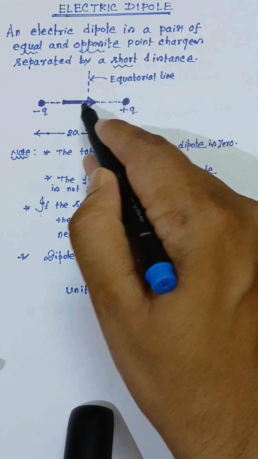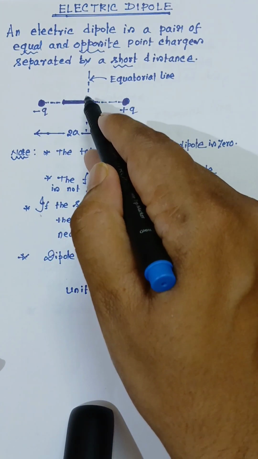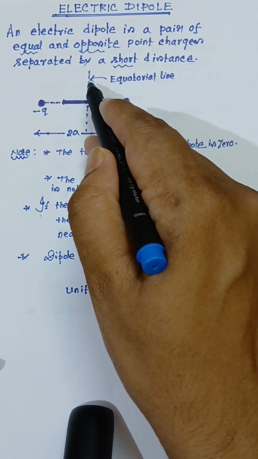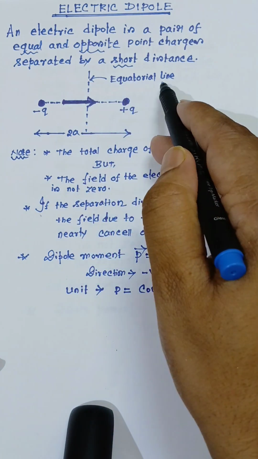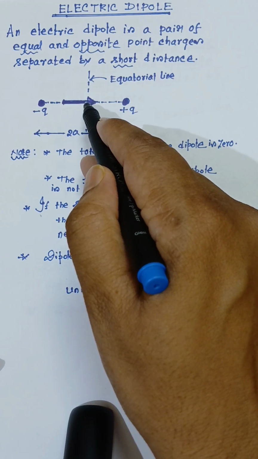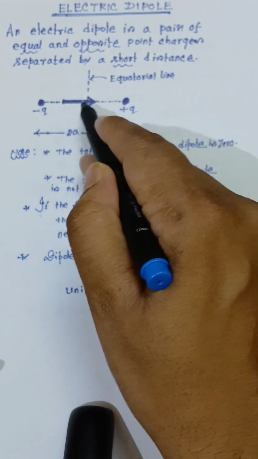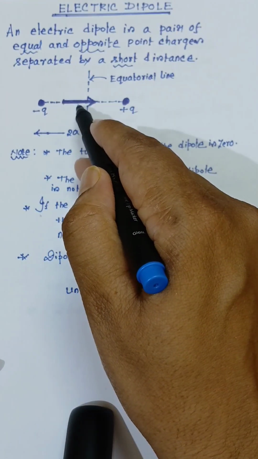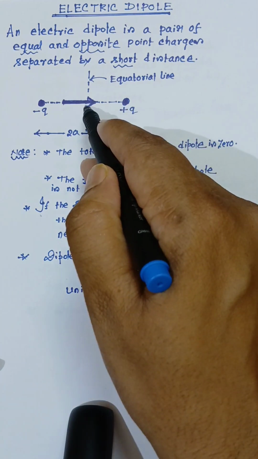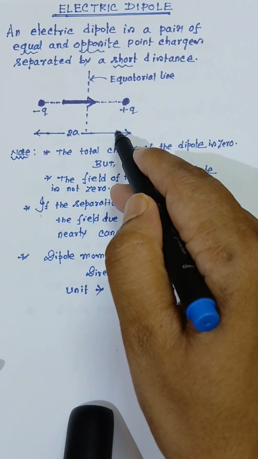If this is the midpoint between these two charges, and we draw a perpendicular line, this line will be called the equatorial line. With respect to this midpoint, the distance between minus q and the midpoint is a, and plus q and the midpoint is again a. So the total distance is 2a.